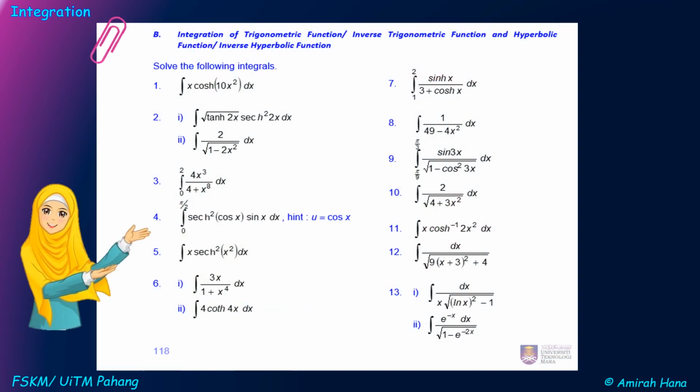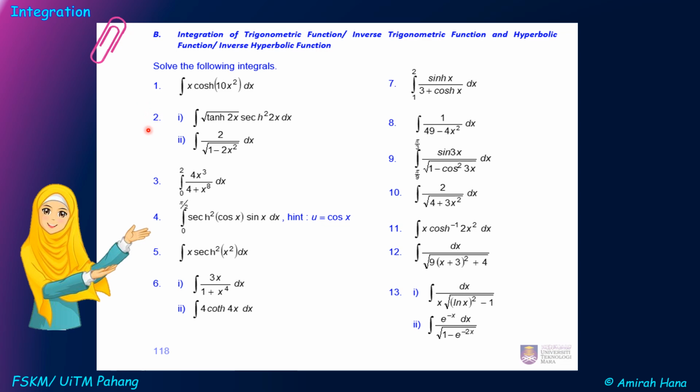Okay, this is from your lecture note, dalam buku yang kita guna masa kuliah. We recall back from page 118 under chapter 2, integration of trigonometric function, inverse trigo function, and hyperbolic function, and also integration of inverse hyperbolic function.